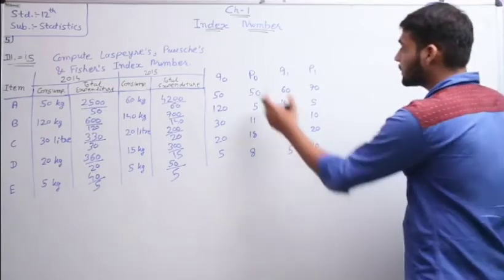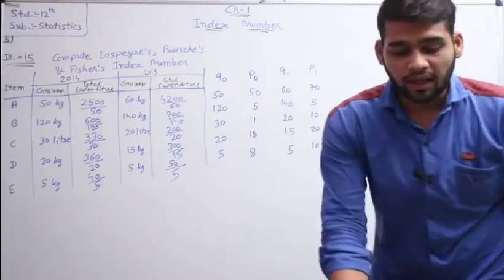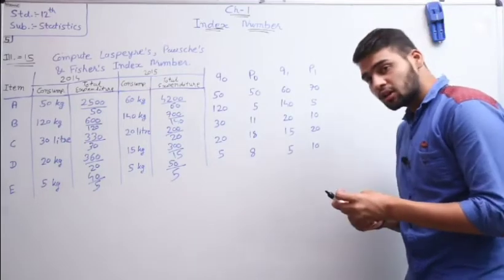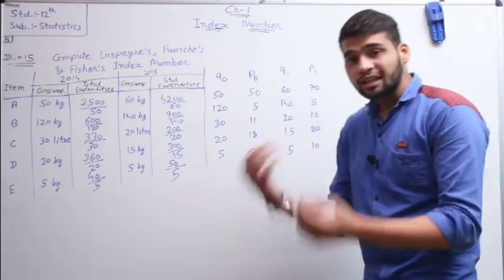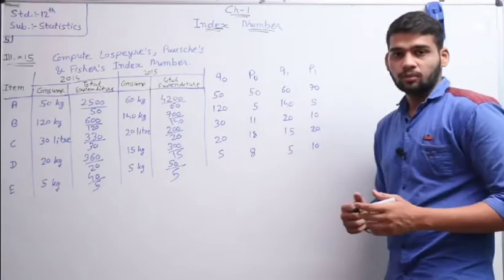Understood, students? How to find the price column? In the previous sum we had the price column and found the quantity column, but in this sum we have the quantity column and find the price column. Understood?